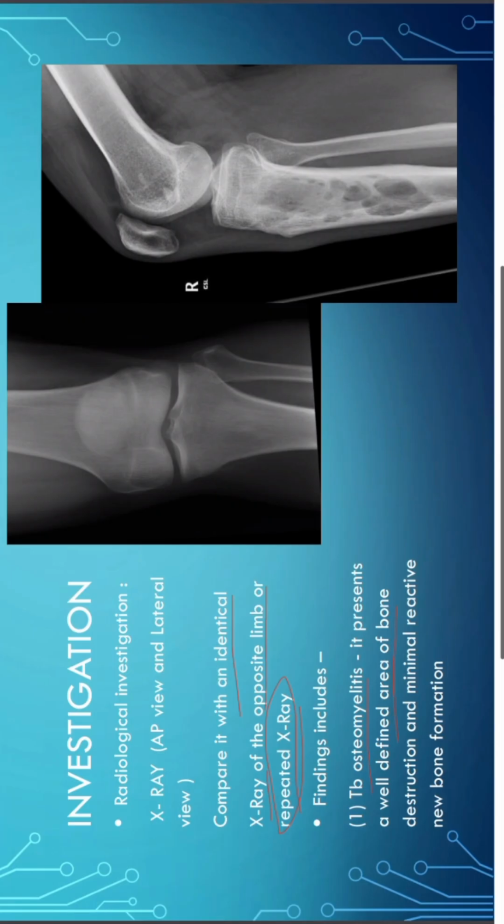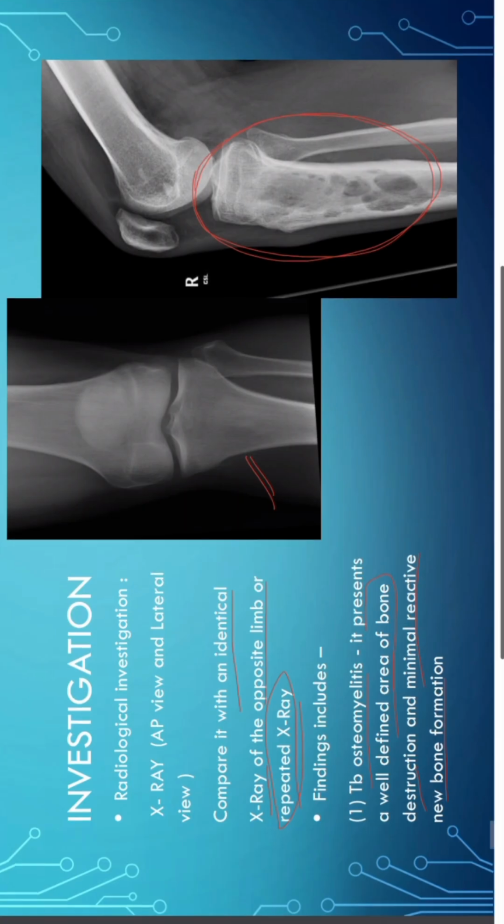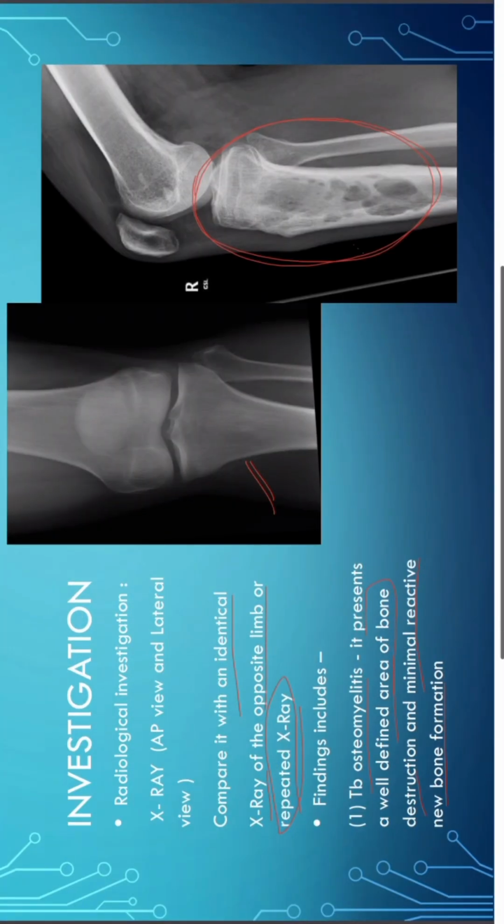It presents a well-defined area of bone destruction and minimal reactive new bone formation. This is the normal. Look at this. This is the TB osteomyelitis.